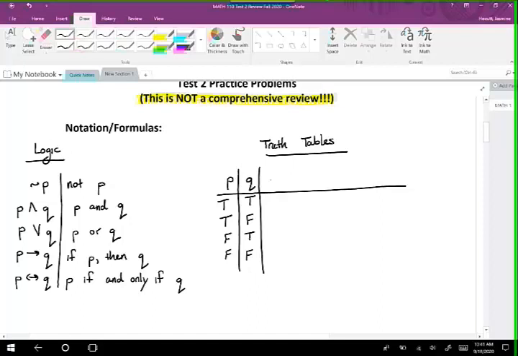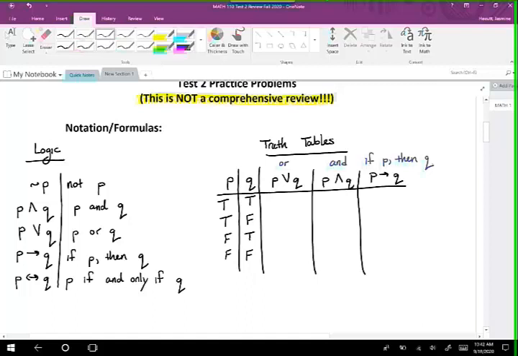Then let's write the table for P or Q, P and Q, and then if P, then Q. So again, we've got or, and then if P, then Q.